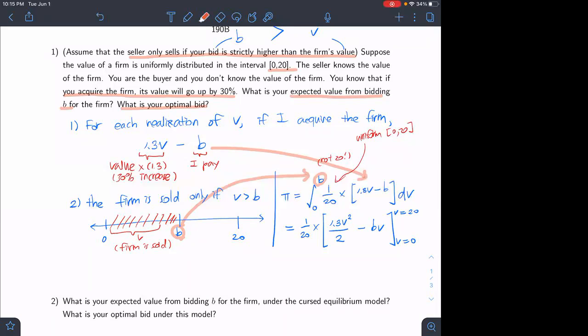Now we can forget about the V equals 0 part, because if you put 0 in this function, then everything is 0, so everything gets cancelled out. So you can just think about what happens if I substitute 20 here. Then we have 1 over 20, 1.3 times 20 squared divided by 2 minus B times 20.